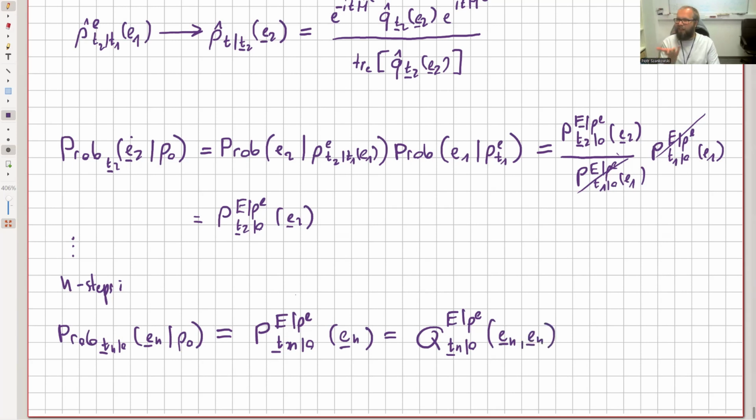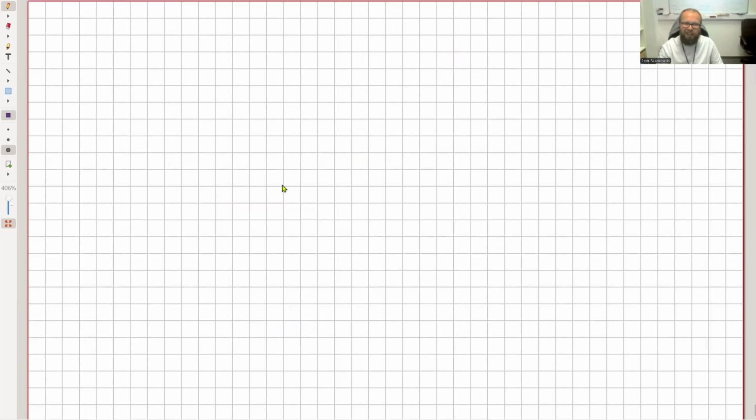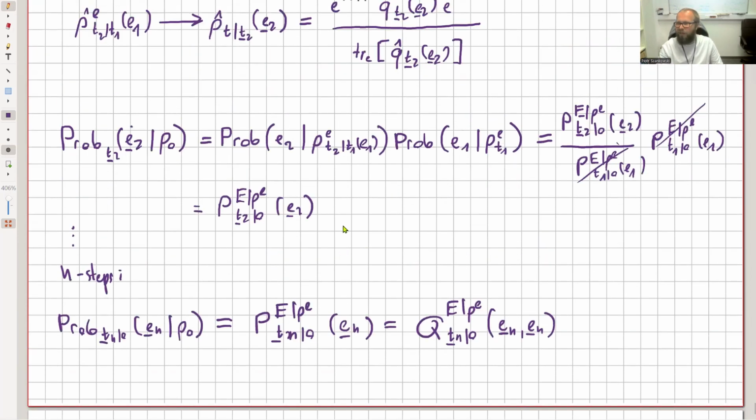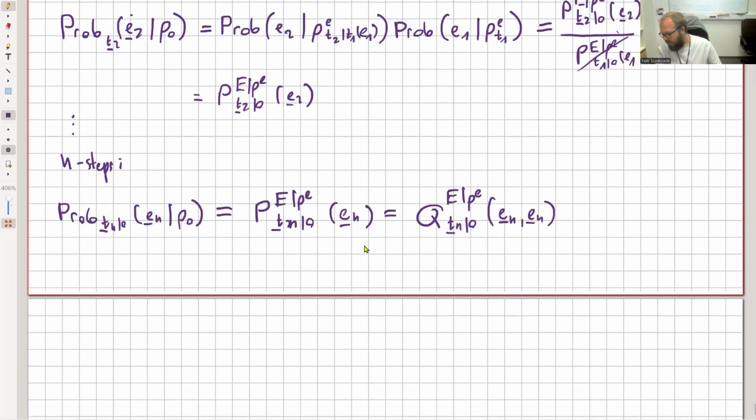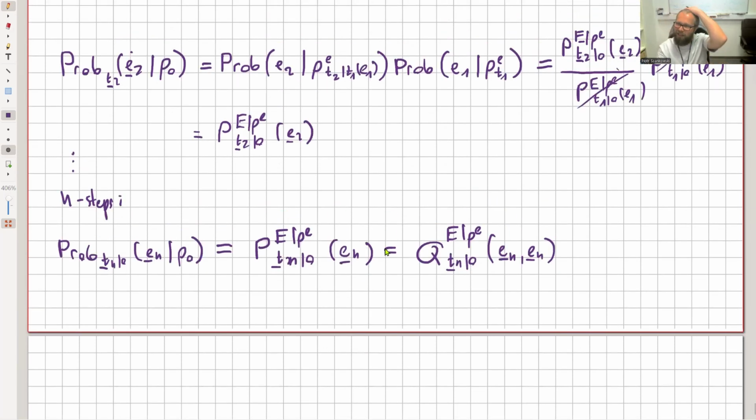So this is another context when by probabilities comes up. It's not only multi-time correlations, not only open systems, not only dynamical maps and stuff like that. It also comes up when you are considering measurements, sequential measurements in general of observables in a system.